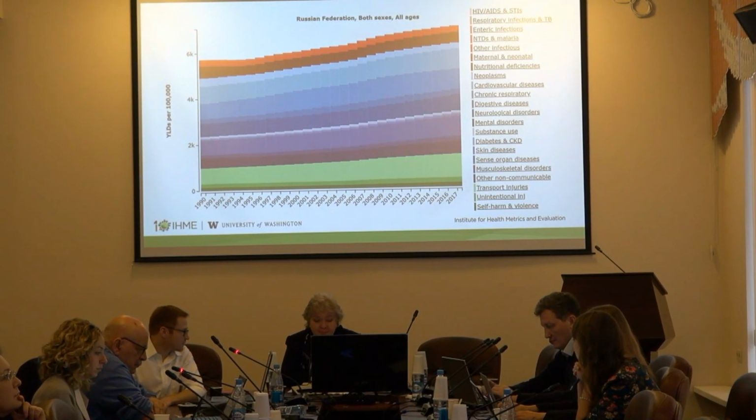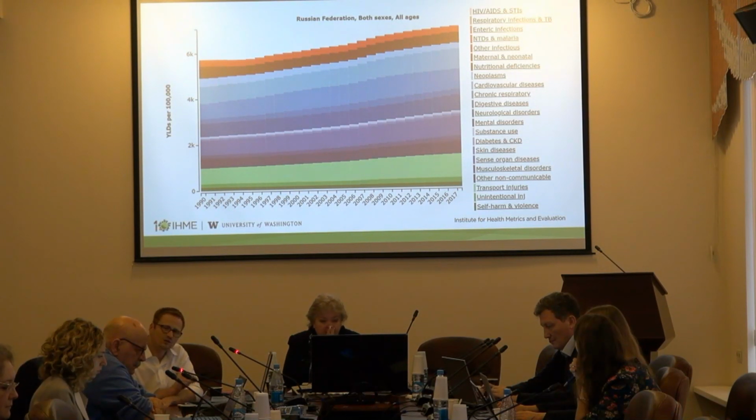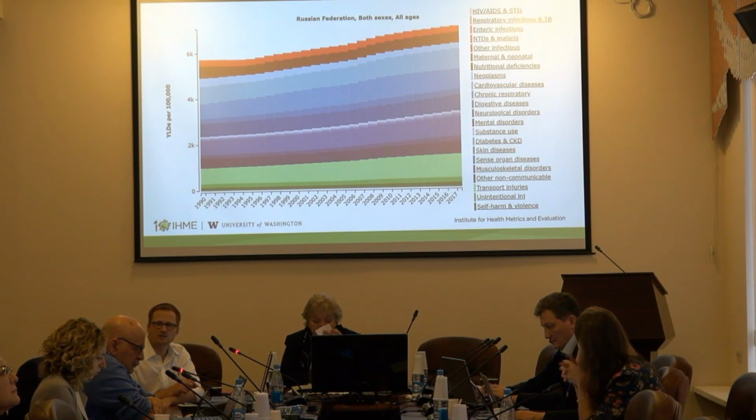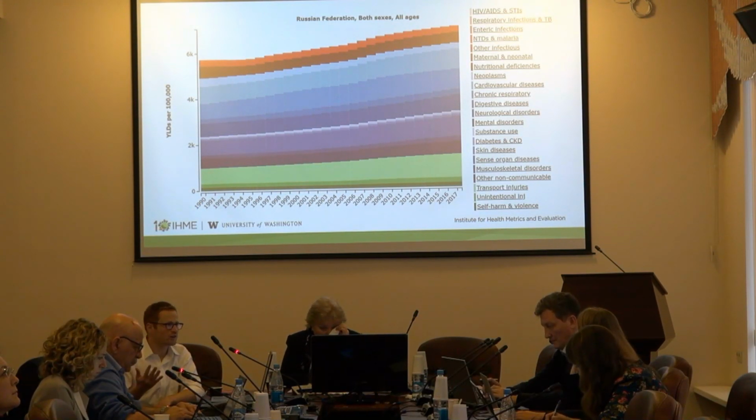Here we can look at the trend over time in all-age, both-sex YLD rates and the composition. For this graph, what I want to note is that we're seeing an increase in YLD rates in all ages in Russia. I mentioned earlier that often as health improves in a place, we see increasing non-fatal disability because people are living to older ages, and people in older ages tend to have more chronic conditions.